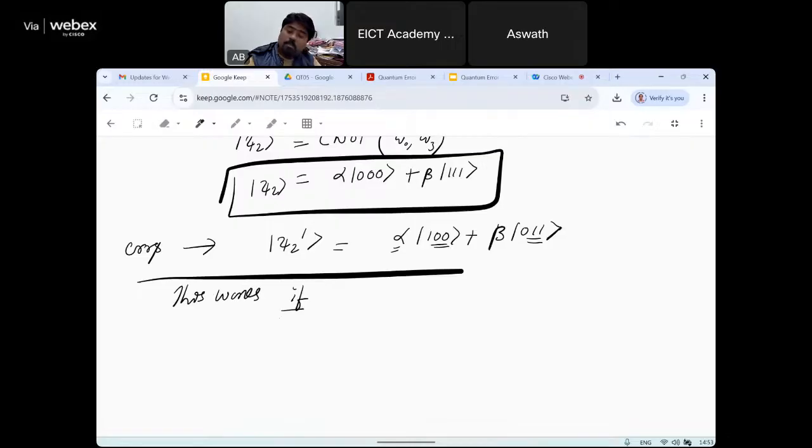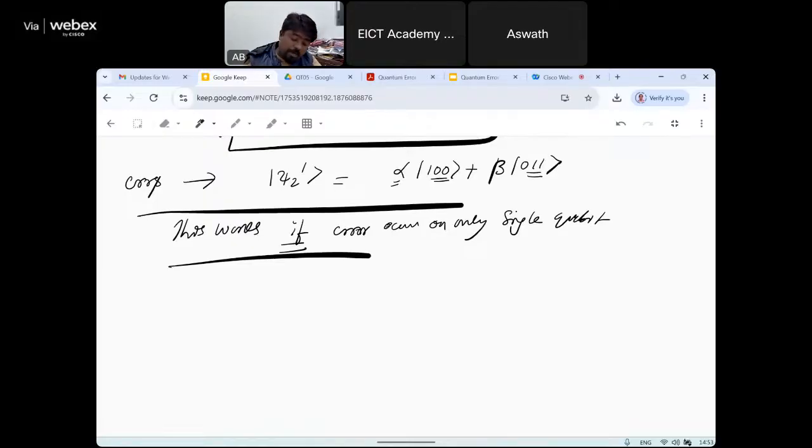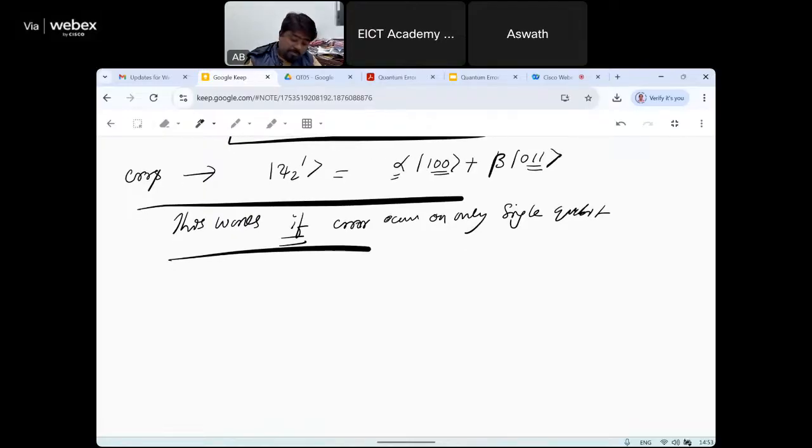So this is a technique used if the error is going to occur on only a single qubit. Now the question is, what if more qubits are going to be affected? Let's say two qubits are affected. In that case, we'll follow the same strategy.